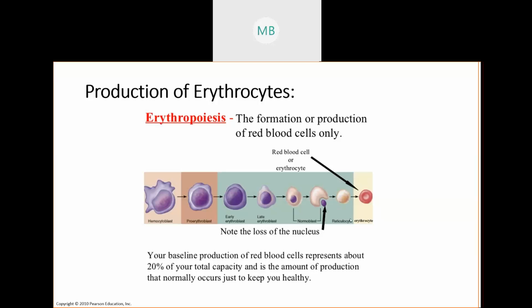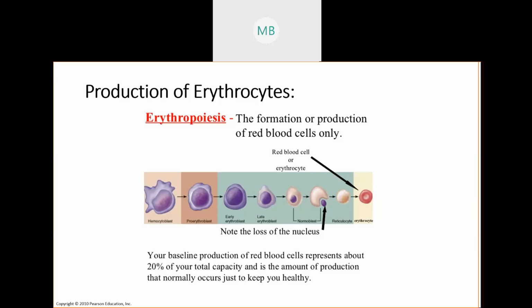So then the reticulocytes degrade a little bit and become mature erythrocytes. So when doctors are counting how quickly you are making your erythrocytes, they count your reticulocyte count, because your reticulocyte count indicates the rate of red blood cell formation.